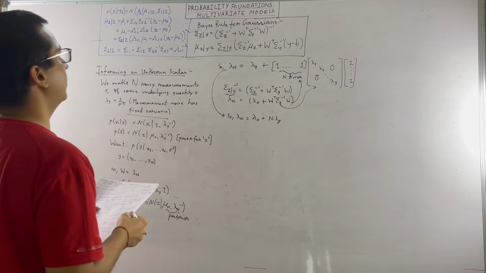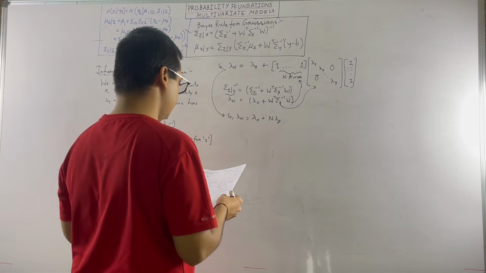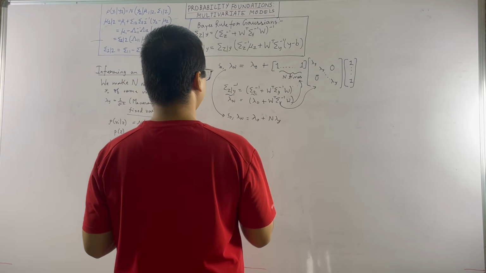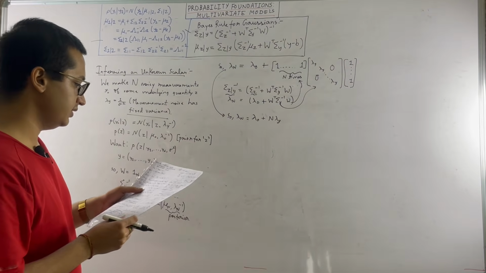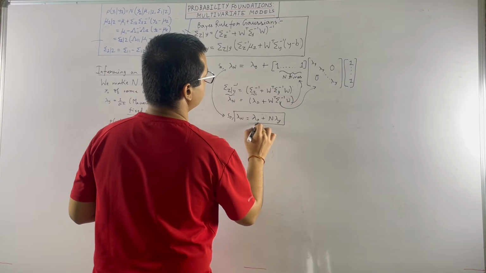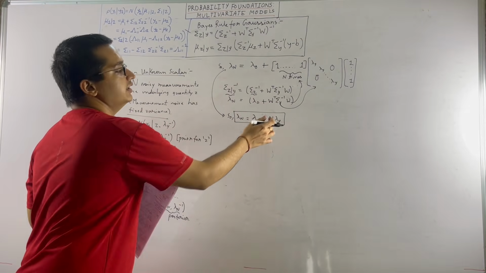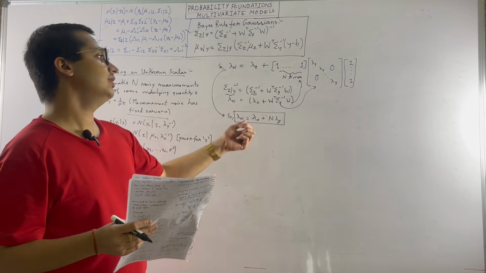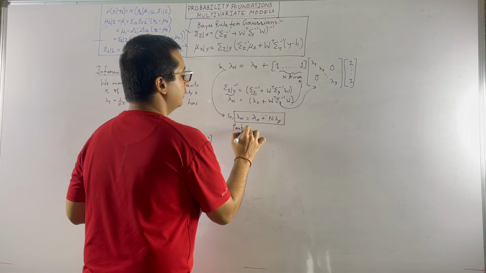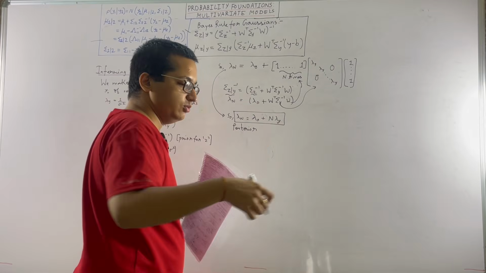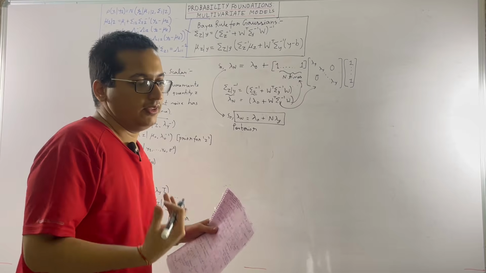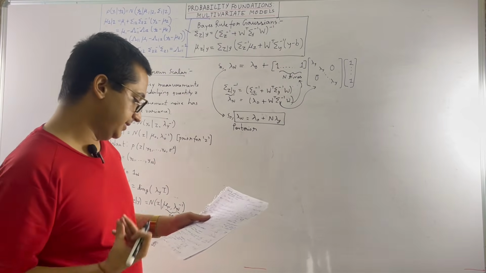And what else do you have basically? Are we missing anything? No. So lambda n is equal to lambda naught plus n lambda y. So the posterior precision, you see, as you get more and more measurements, the precision improves, and that should be the case. As we get more and more samples, we should improve the precision.